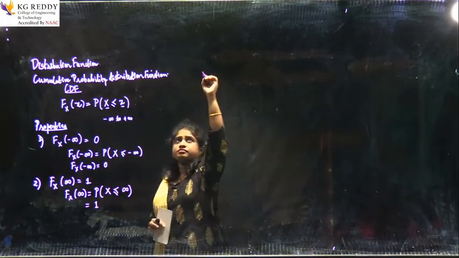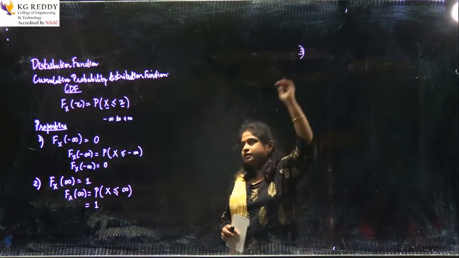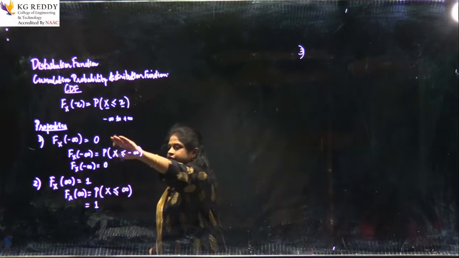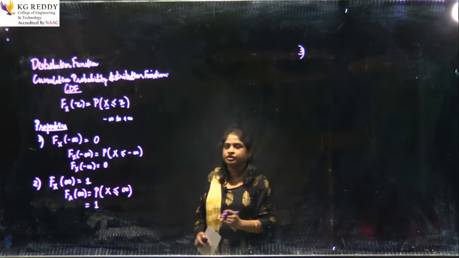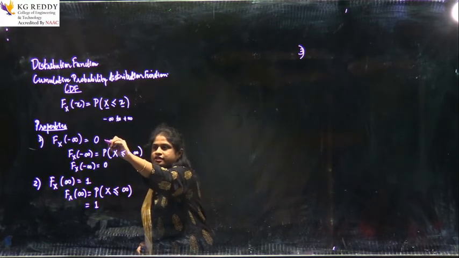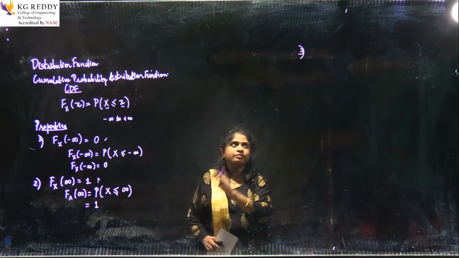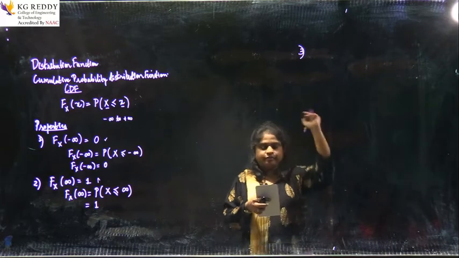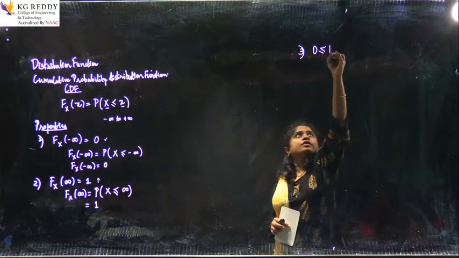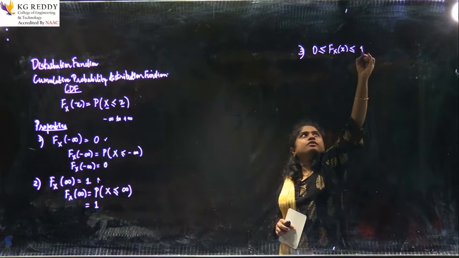And we can say the next property. What will be the range of the cumulative distribution function? Because the lowest value is 0 and the highest value is 1, it will extend from 0 to 1, which can be written as 0 less than or equal to Fx of x less than or equal to 1.